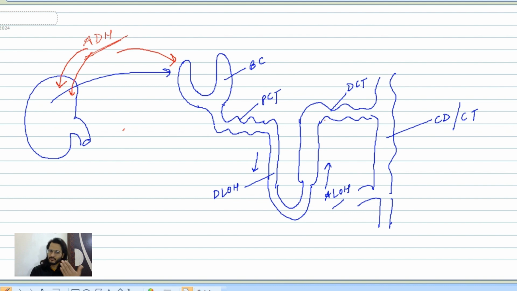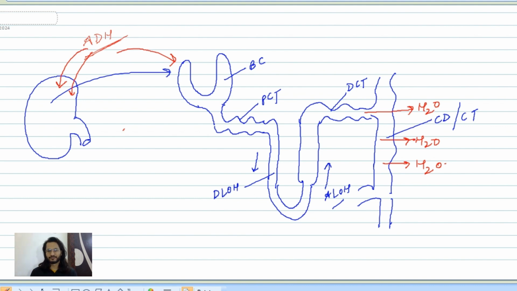Because the receptors are present in the later part of the nephron, this hormone causes reabsorption of water from the collecting tubule, or collecting duct. So water is coming back into our circulatory system.